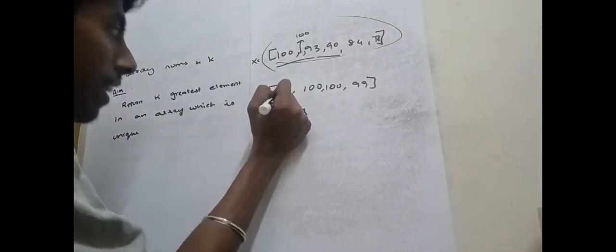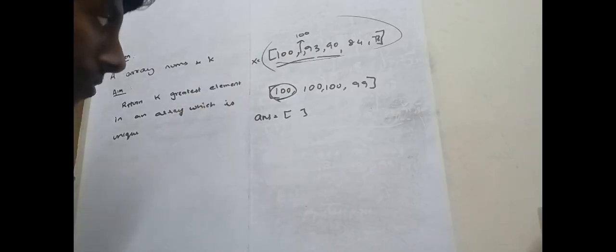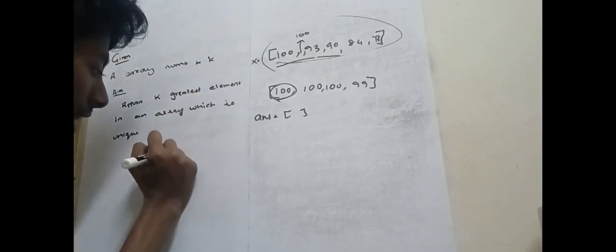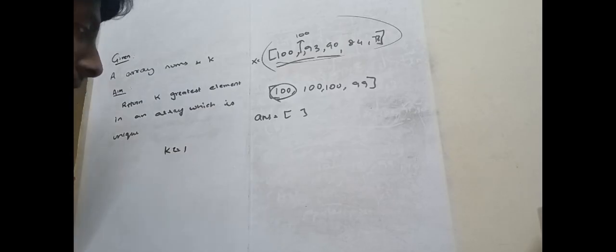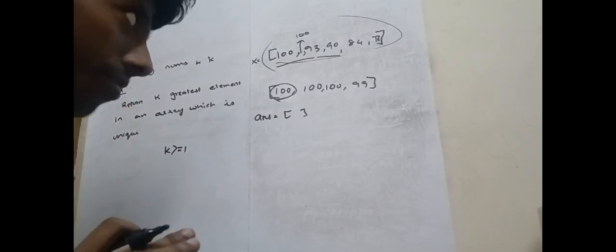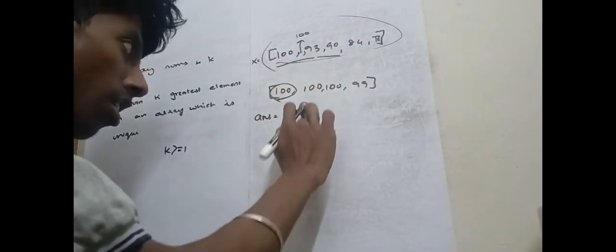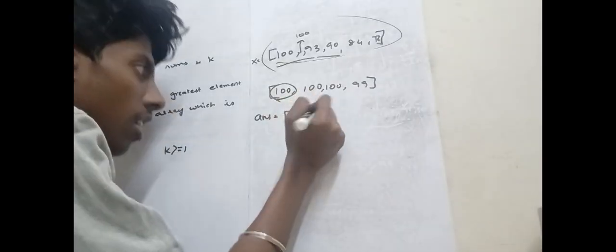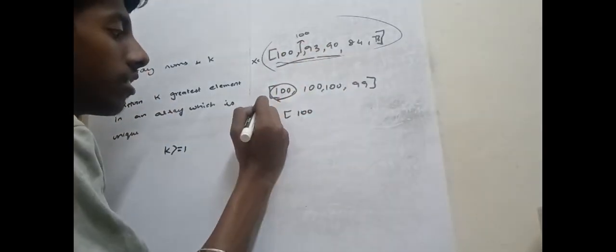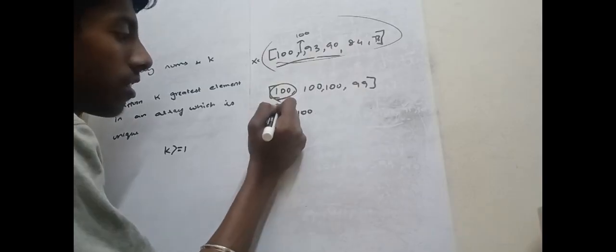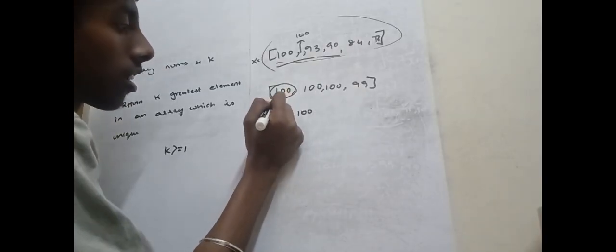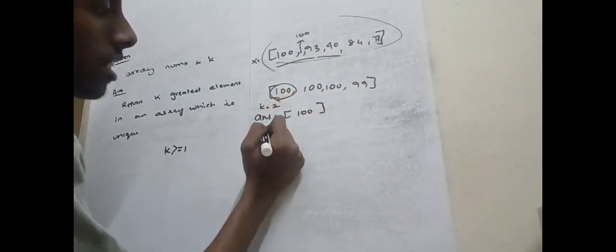First thing you'll do is put the first value directly inside the array, because k is always greater than or equal to 1. Now when you push it in, one value of k is already taken. So if k was 2, since we have already inserted one, k will become 1, only one greatest element we'll have to insert.